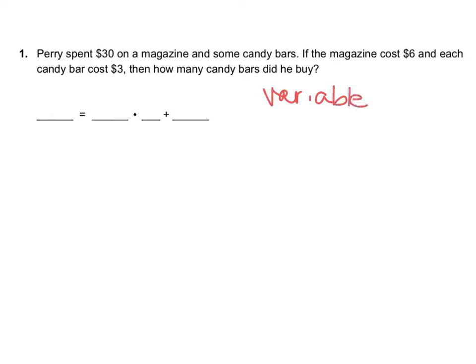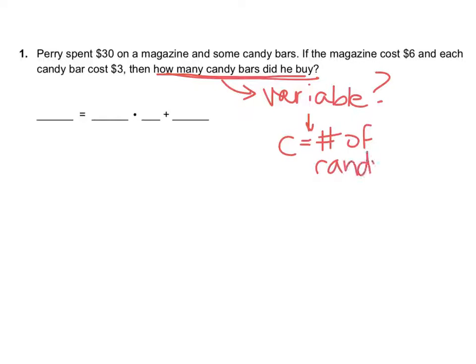How many candy bars did he buy? That's our variable. So you want to identify a letter for our unknown. I'm just going to use C, and C is going to represent the number of candy bars.